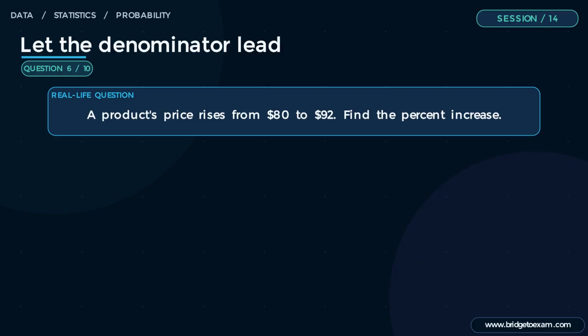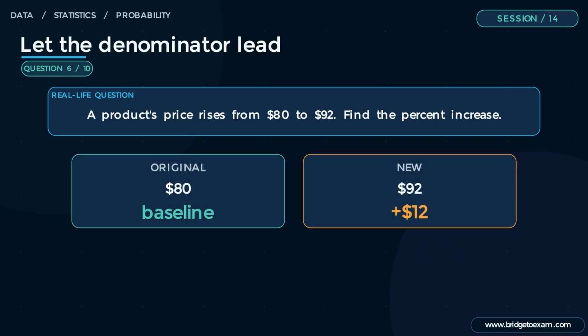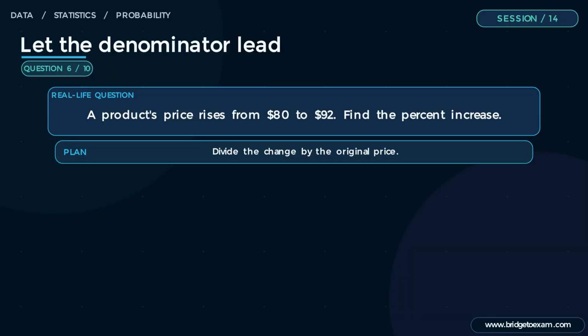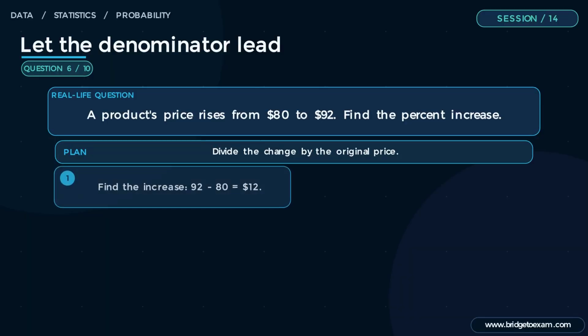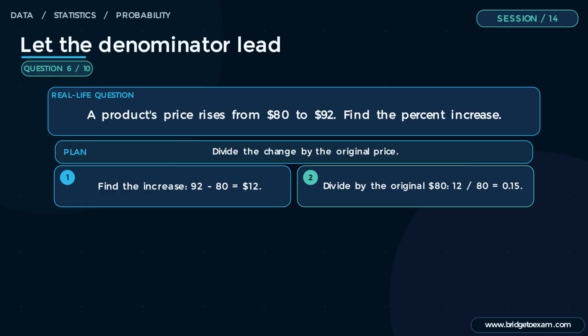Example 6. A product's price rises from $80 to $92. Find the percent increase. The comparison places both cases on the same scale. Plan. Divide the change by the original price. Step 1. Find the increase. $92 minus $80 equals $12. Step 2. Divide by the original $80. 12 divided by 80 equals 0.15.